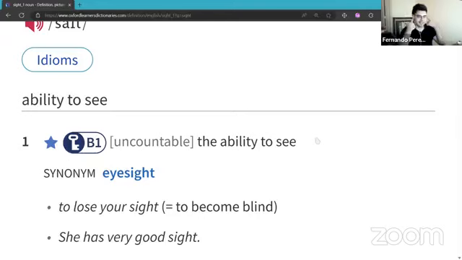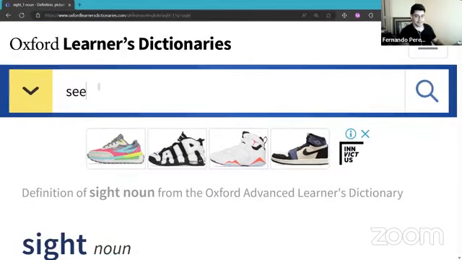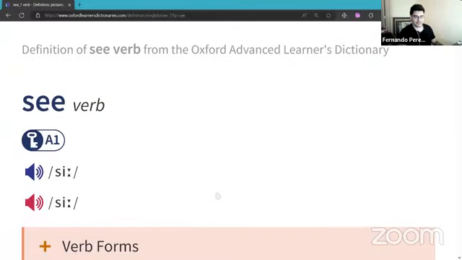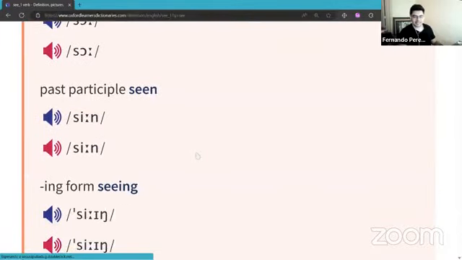Taste, hearing, smelling, touch, and sight. Right? And then you have the verb see. Right? In ing pronunciation.